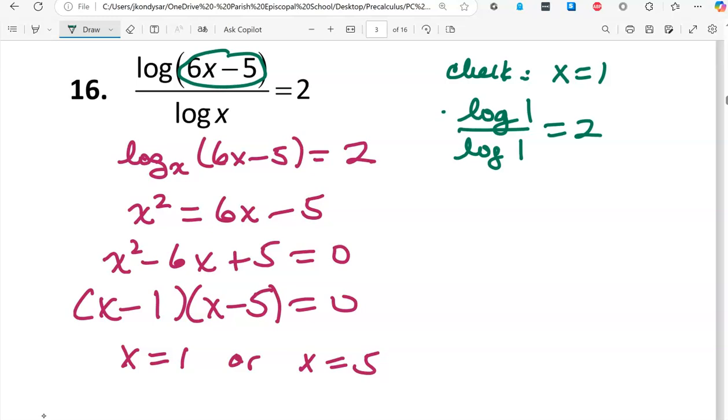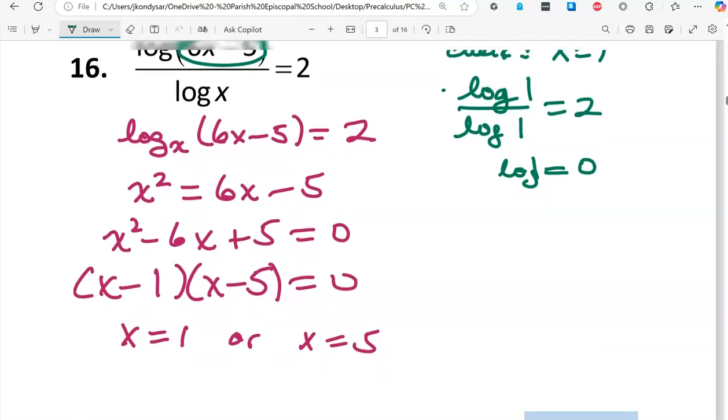Something about that doesn't make sense. Now the reason why this one is an extraneous solution is not because we get the log of a negative number, but rather because the log of 1 equals 0. Okay, so we've just divided by 0. So we have a divide by 0 error. That's a little tricky to look for that extraneous solution.